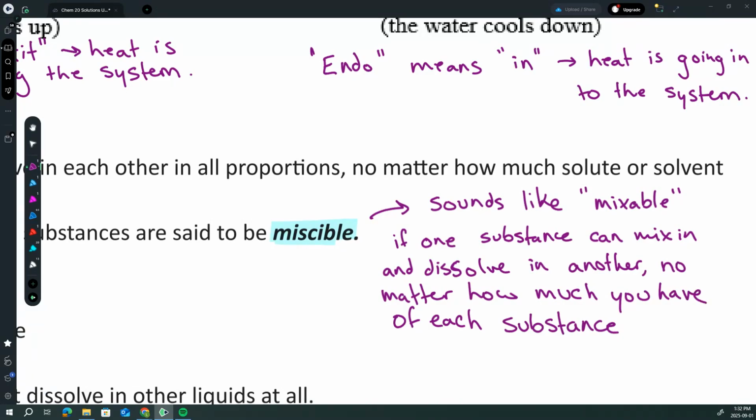Okay, so miscible sounds like mixable. If one substance can mix in and dissolve into another substance, no matter how much you have of each substance, then if they can both dissolve in each other, it's going to be miscible.